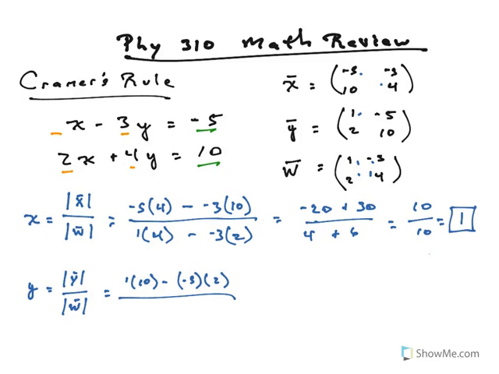And the good news, the W matrix, we've already done it. We already know the value of the W matrix determinant is 10, so we just stick 10 down there. We don't have to go through the calculation a second time. So what do we get? 10 plus 10 over 10, which is 20 over 10, which gives me 2.